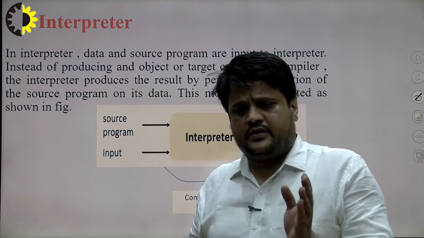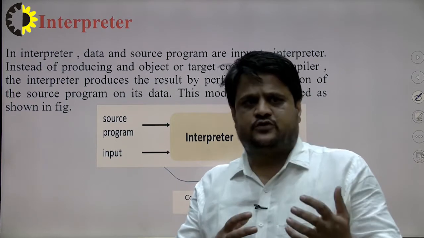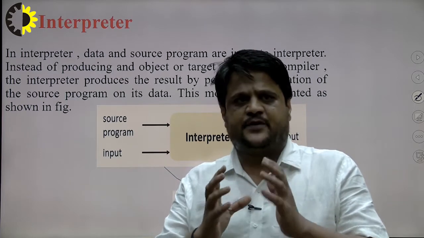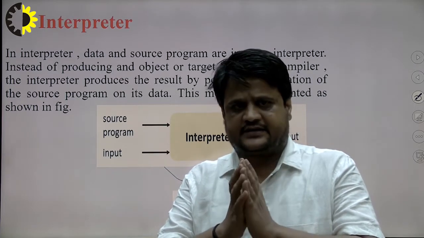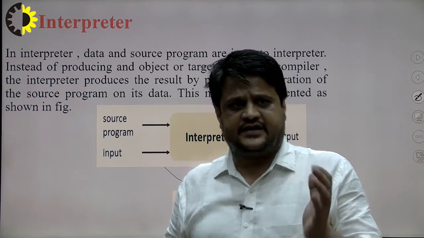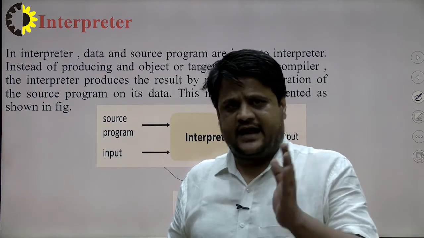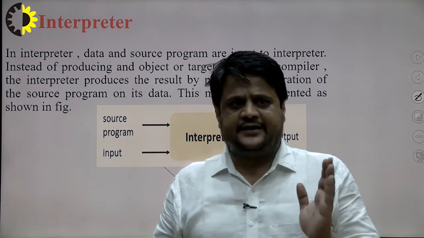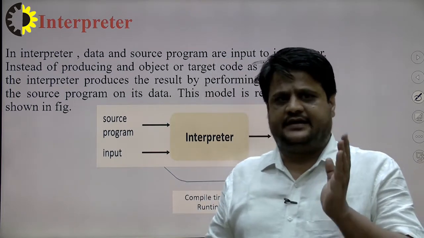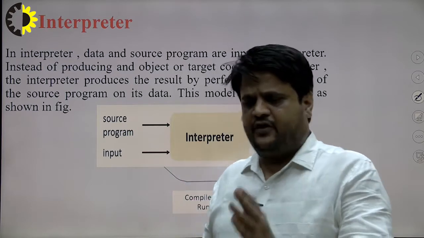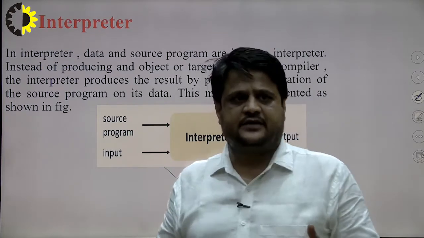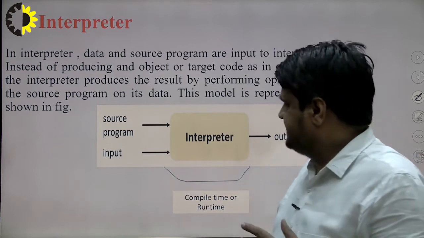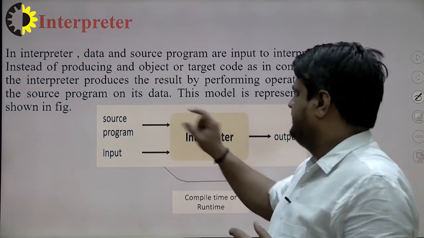By providing the source program as well as data as input, it does not produce the exe file, or the target code or object file as in a compiler. The interpreter produces the direct results by performing the operations of the source program on its data. This model is represented in this figure.